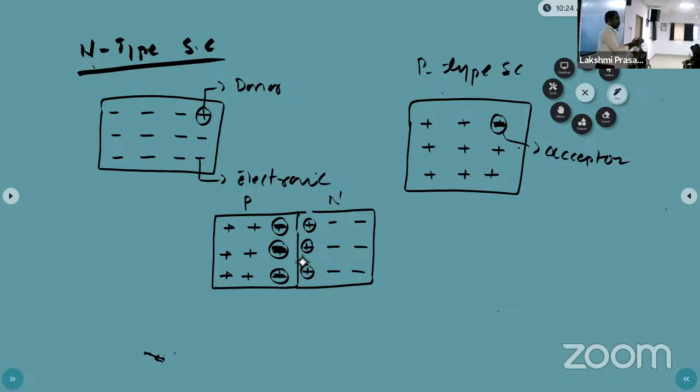After donating and accepting the electrons, some barrier will form, some wall, some obstacle. After forming the barrier, no electron can pass from N-type to P-type semiconductors.